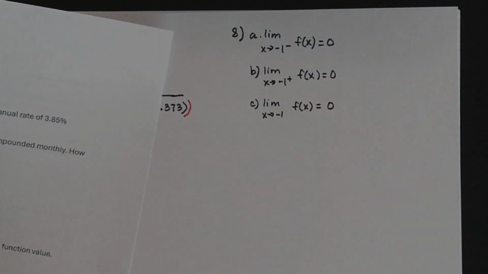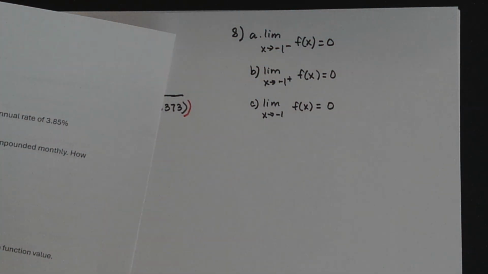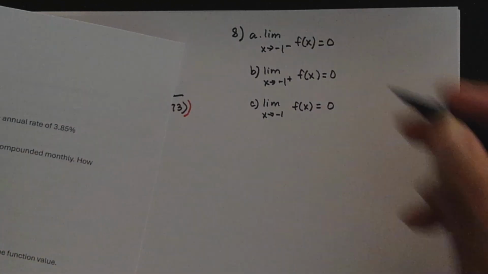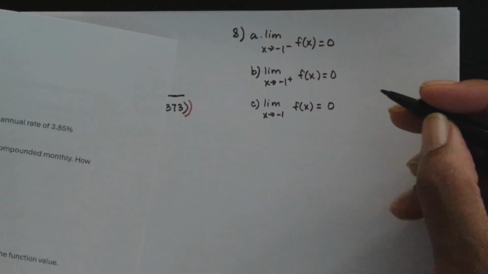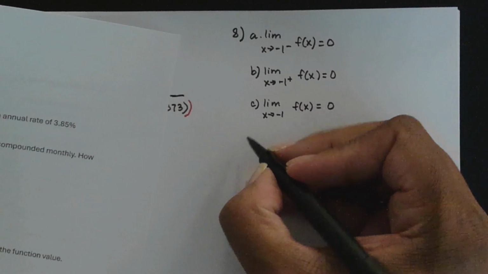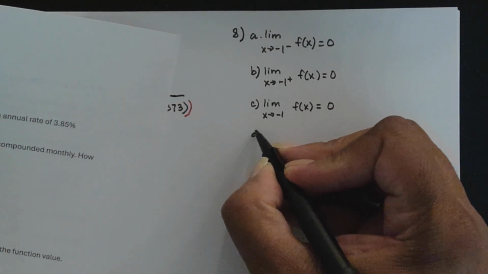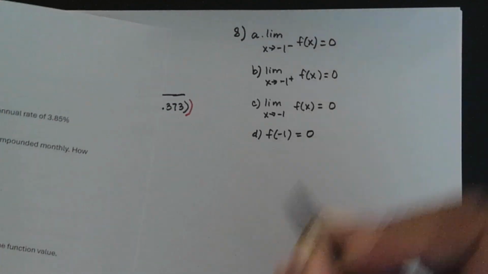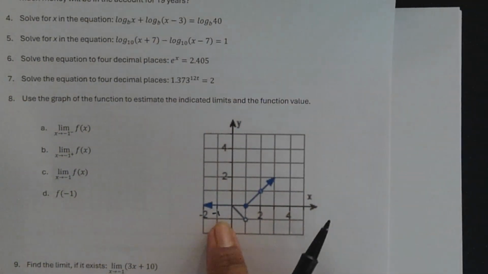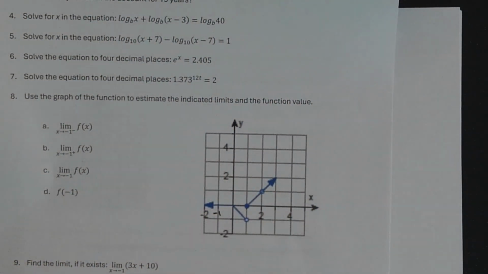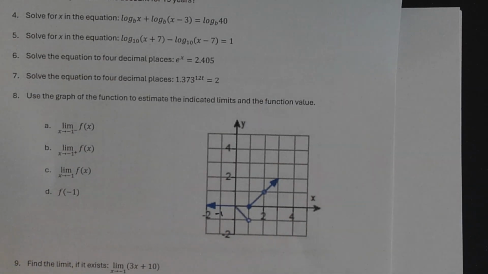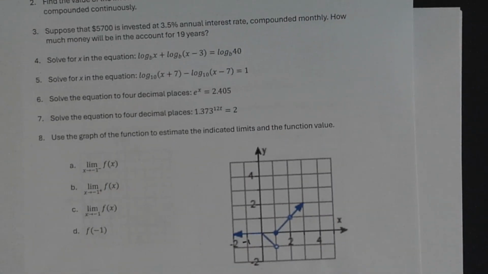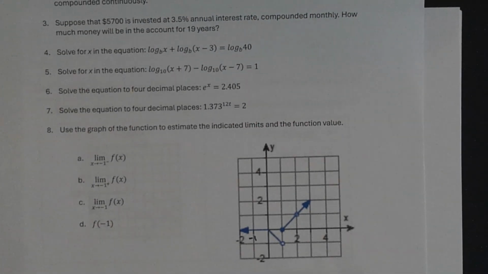Okay? So yes, the limit exists, because when we come from the left and from the right, they're approaching the same value. And what about f of -1? Also 0. Okay, so from the graph, at -1, I'm going to be at 0. Okay, any questions about problem number 8 and how that's done?